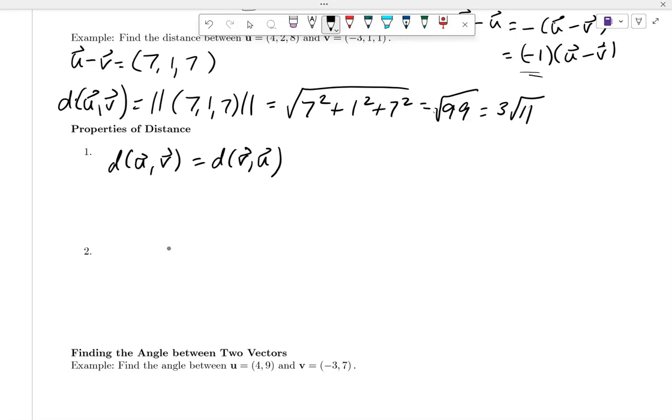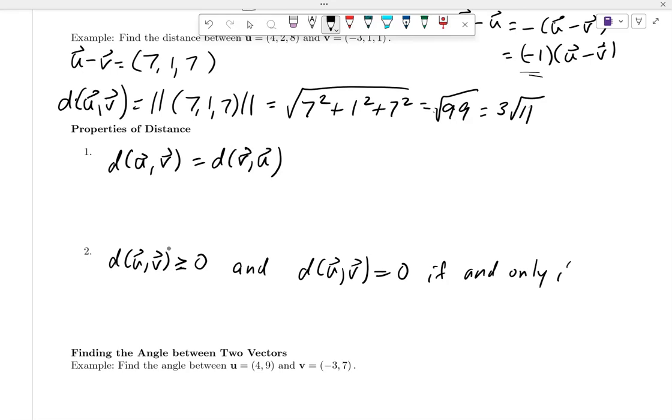The other one says that distance is always non-negative, and the only way the distance can equal 0 is if the two vectors are the same. This is literally just a restatement of that fourth property of dot product.